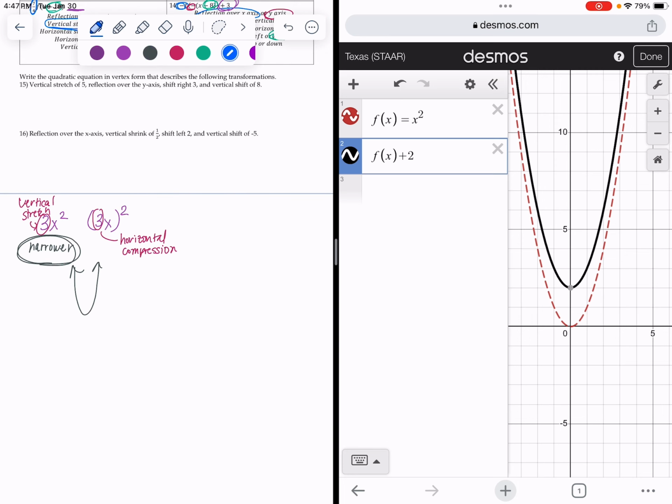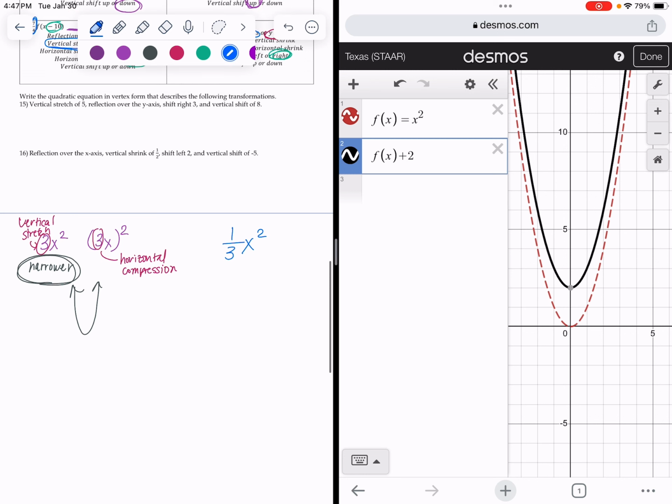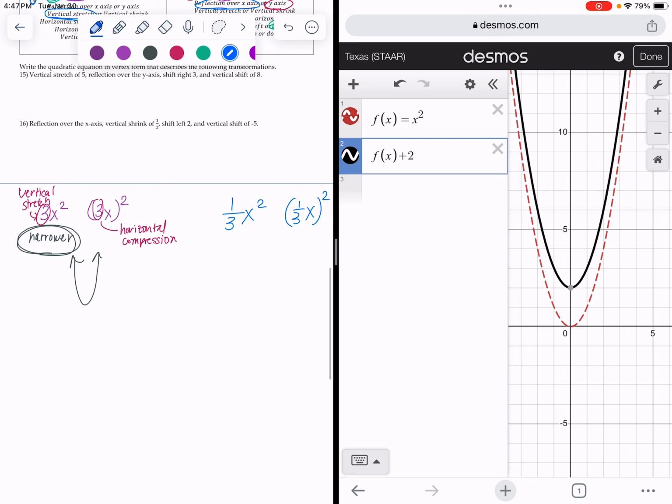Okay, and then over here, if I use a fraction, so if I had 1/3 x squared, and then over here I had the same thing, but the 1/3 inside the parentheses, they're both going to be wider.